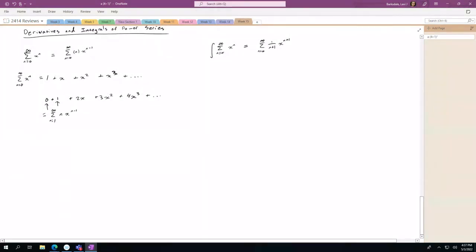So go ahead and take a look at this problem right here. Find a power series representation of natural log of 1 minus x.